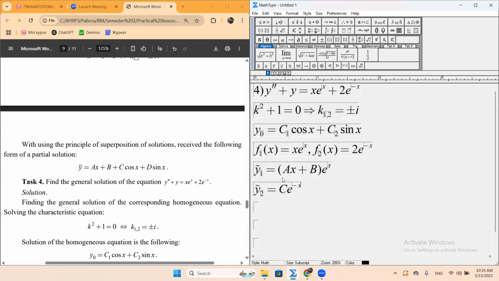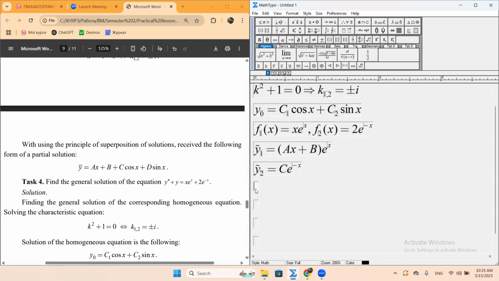And now the partial solution will have the general form: ax plus b times e to the power of x plus c e to the power of minus x.